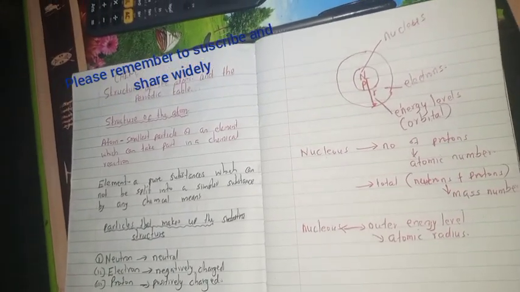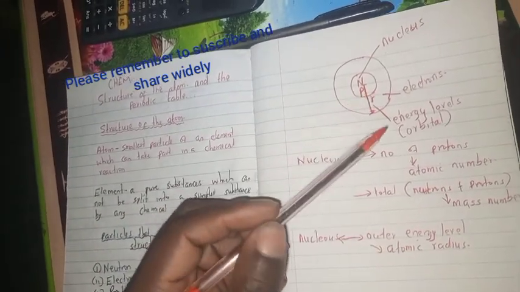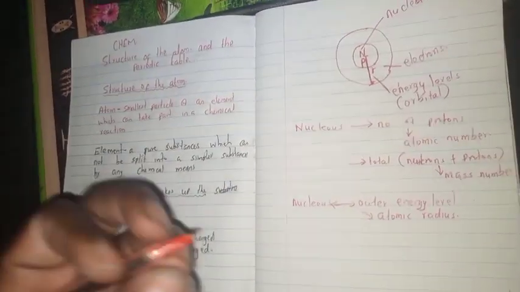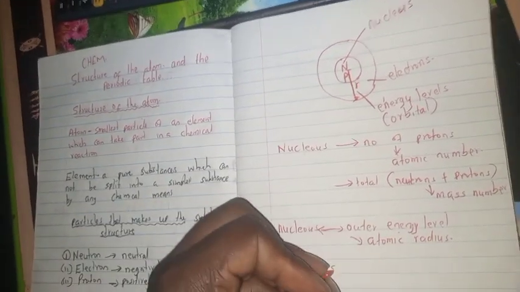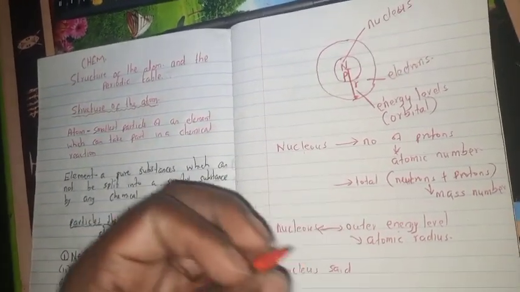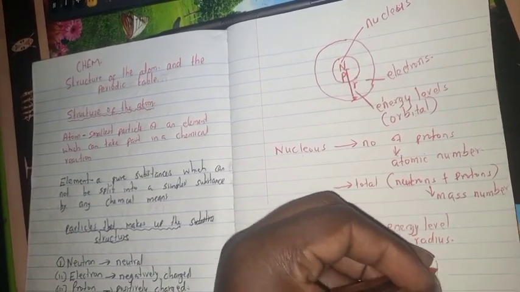So an atom is said to be electrically neutral because the number of protons and electrons are always equal.